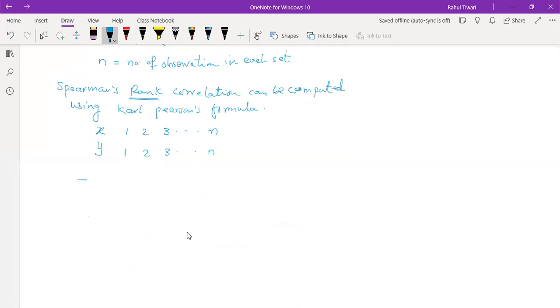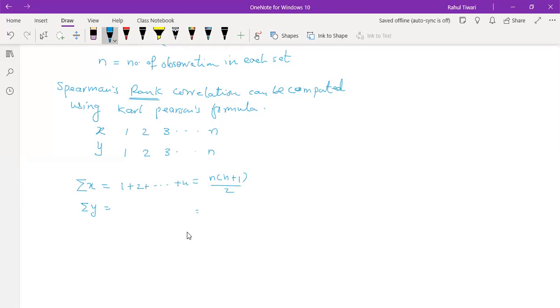Can anyone tell me what will be the summation of x when we have data of this form? N plus 1 divided by 2, n. Correct. When we add 1 plus 2 plus so on up to n, the sum of all natural numbers is n times n plus 1 by 2.